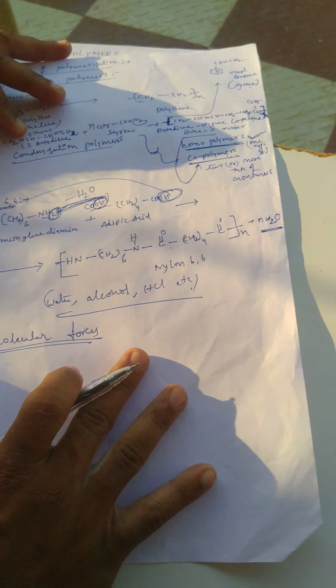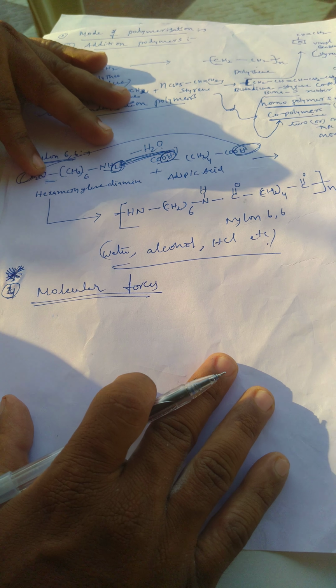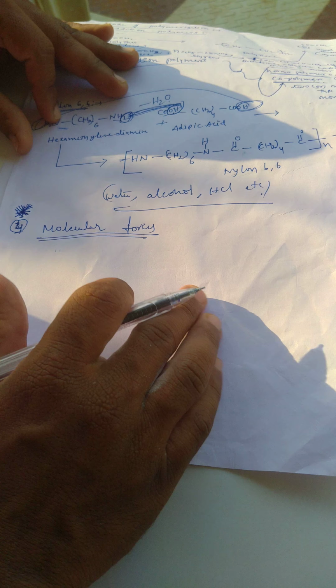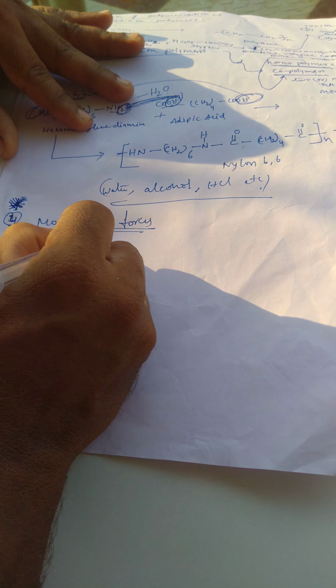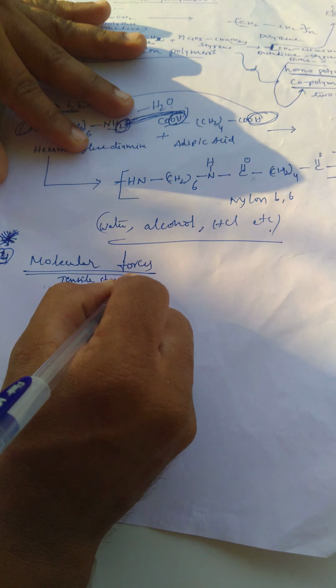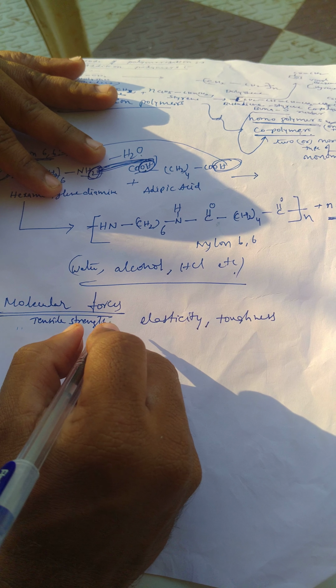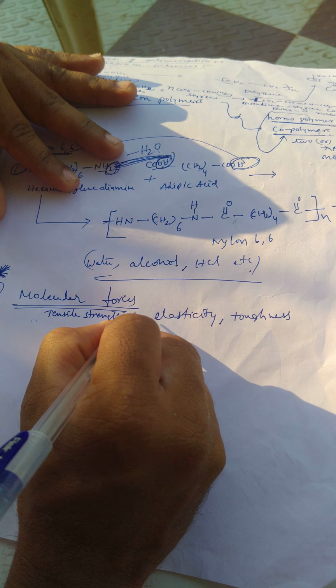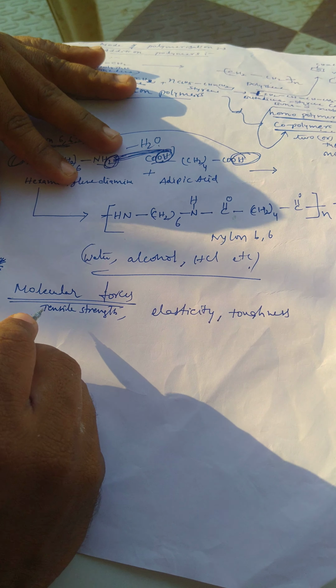A large number of polymer applications in different fields depend on their unique mechanical properties like tensile strength, whether they are hard or not, elasticity, toughness, etc. Based on these mechanical properties, polymers can be used in different ways.